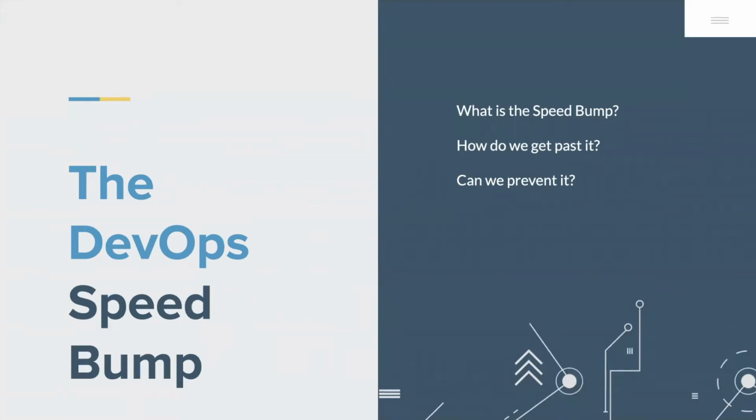What is the speed bump? How can you recognize if you've hit the DevOps speed bump? What does that look like, how do you identify it? And then more importantly, how do you get past it, if you do identify that you have hit a speed bump, in a DevOps context? And then more importantly, can you prevent the speed bump? Can you actually prevent ever hitting it in the first place?